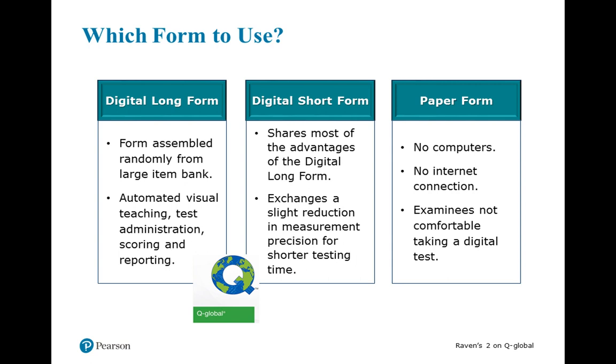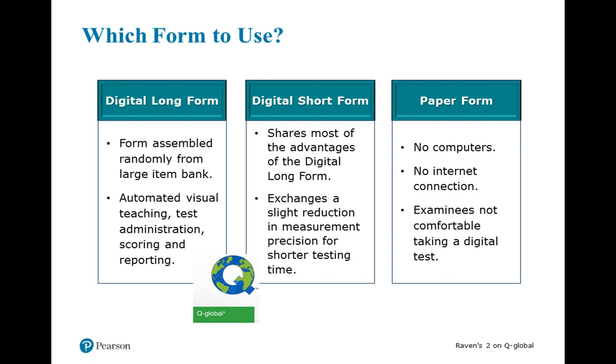It is best practice to use the digital forms because large numbers of unique item sets reduce the item exposure rate and increase the test security. And there's a lot of other advantages to using digital administration and scoring. The digital forms' discontinue rules reduce measurement error due to random guessing as well as testing time. So when possible, using the digital form is always going to be best practice.